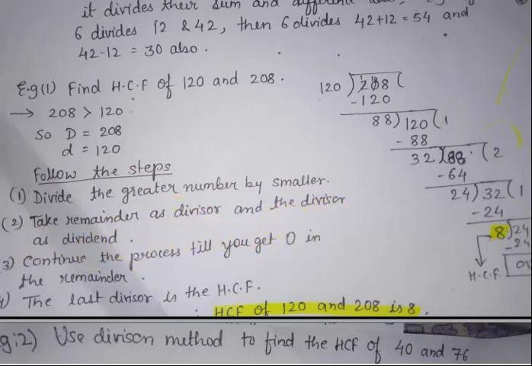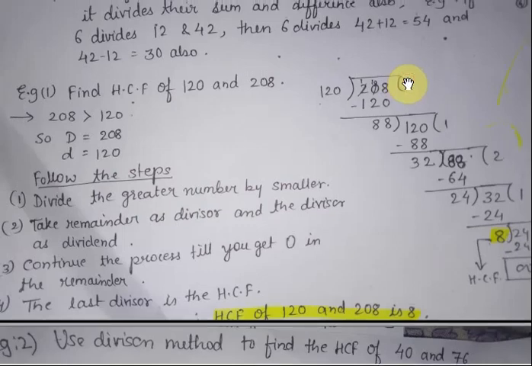Now when we divide 208 by 120, what do we get? Here I forgot to write, it should be 1. In one's time 120 will come, and when we subtract, we get 88. So the remainder is 88, and the divisor is 120.